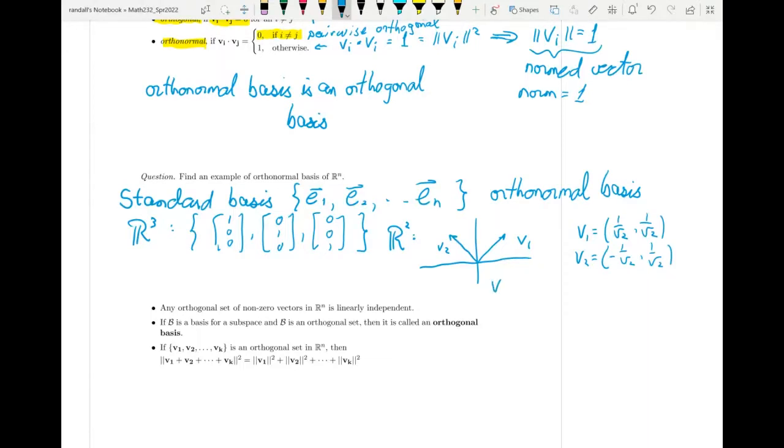Okay, so we can see that v1 dot v2 is 0, and the norm of v1 is 1 and the norm of v2 is 1. Okay, so there's an example in R2 of an orthonormal basis right here. So B equals {v1, v2}, an orthonormal basis. That's not the standard one.